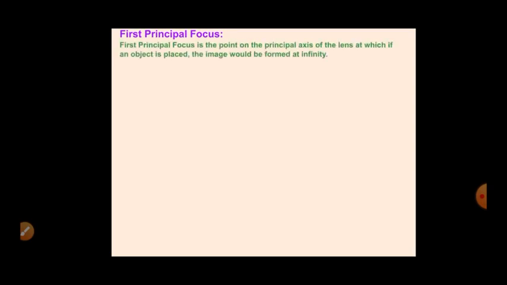Next, let's see the foci of the lenses. First, the first principal focus. Its definition is now showing: the first principal focus is the point on the principal axis of the lens at which, if any object is placed, the image would be formed at infinity.